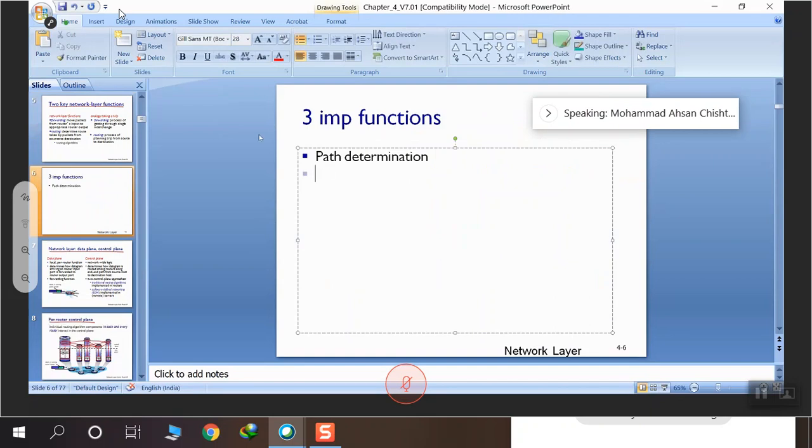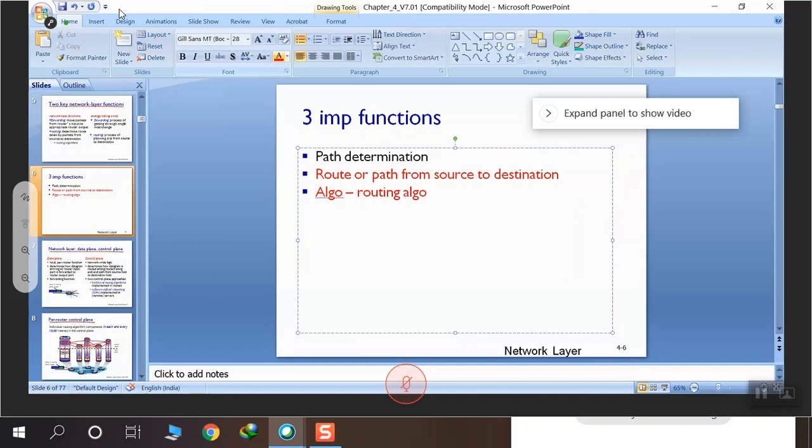Path determination says that the network layer must determine the route or the path from source to destination. For this it uses a routing algorithm which finds the path to the destination. We'll discuss routing algorithms, like link state routing, distance vector, and so on. That is the first thing that it has to do: find the path from source to destination.